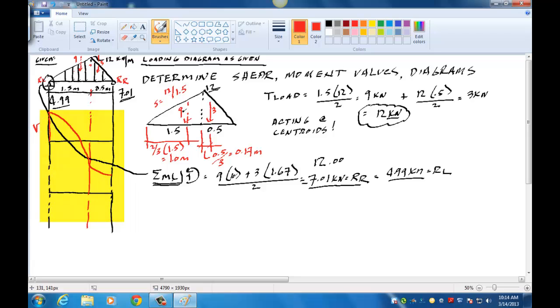We also know that our moment diagram is a mirror image, in many cases, of our deflection shape, of our elastic curve. So we sort of know that the moment diagram, let me see if I can find another color here. There's one right there.